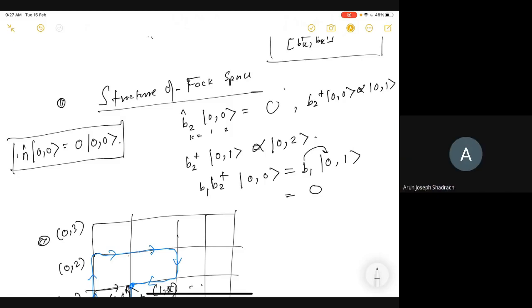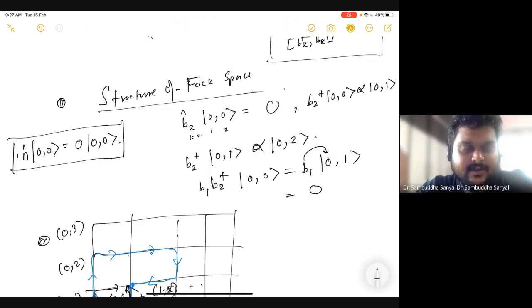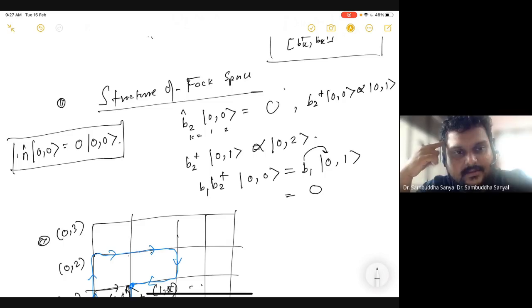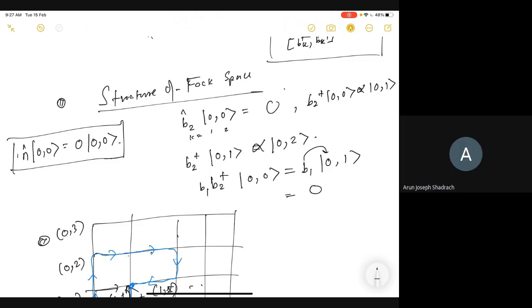How is there an eigenstate like that? Sorry, I am not following. So how is there an eigenstate like the zero eigenvalue means? Yeah, I am not getting your question. You are not completing your sentence. What do you mean by how it is a zero eigenvalue eigenstate? This is the meaning of a zero eigenvalue eigenstate.